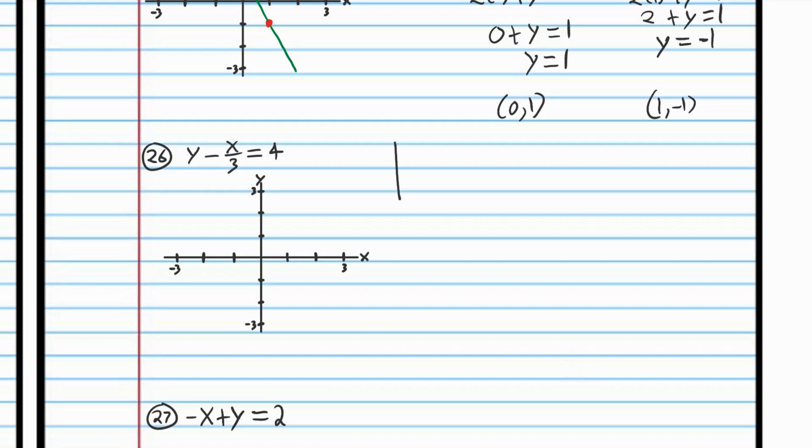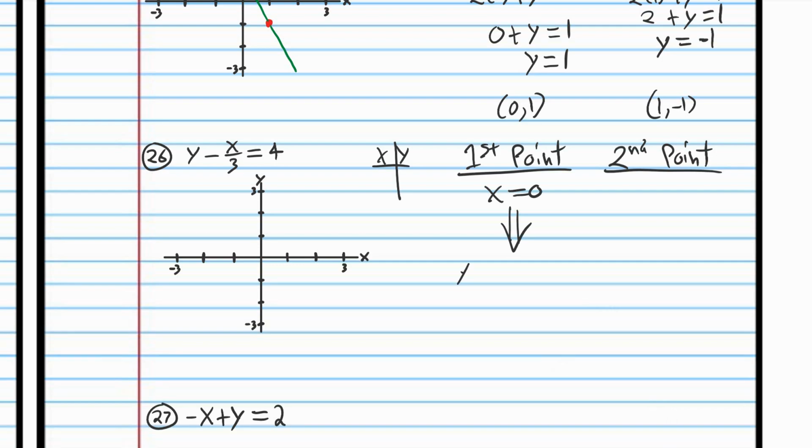All right, we're back. I'm going to plug in 0 for x. And therefore, 0 over 3 is equal to 0. Y minus 0 is y. And y is 4. So if x is 0, y is 4.